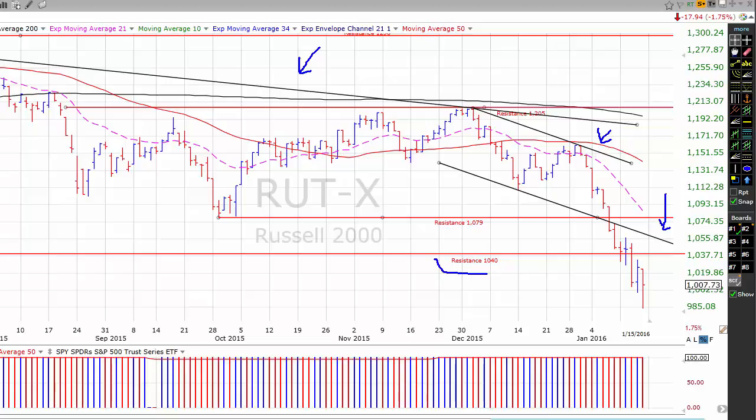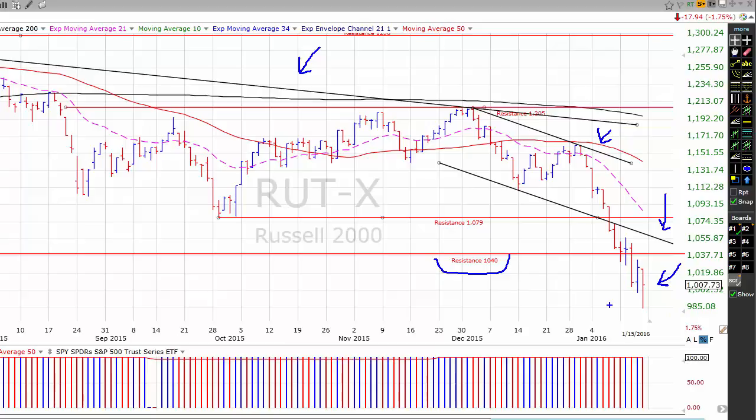Last week we undercut resistance down here in the 1040 area. The next area of support is down in the 850 range. But Friday the Russell closed in the upper half of its daily trading range on a very, very weak day. This may offer a little bit of hope to the bulls. It just had a different feel to it on Friday and may be worth taking note of.